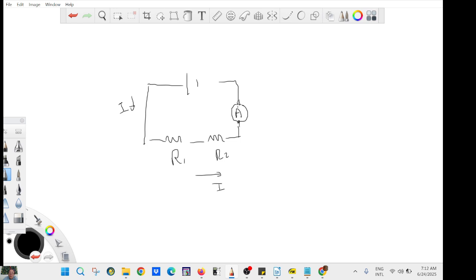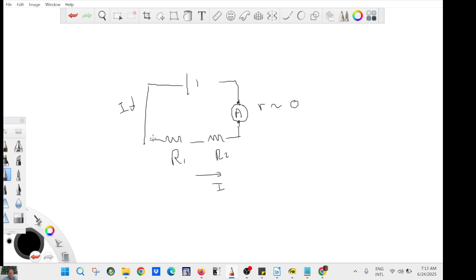Because you don't want to influence the current flowing here, the resistance of the ammeter has to be almost zero. So ideally it equals zero. In reality, it's very small.